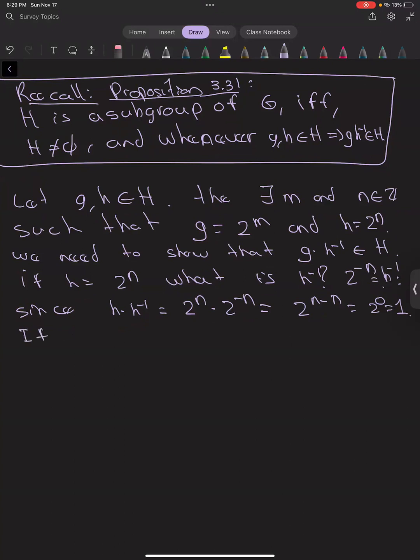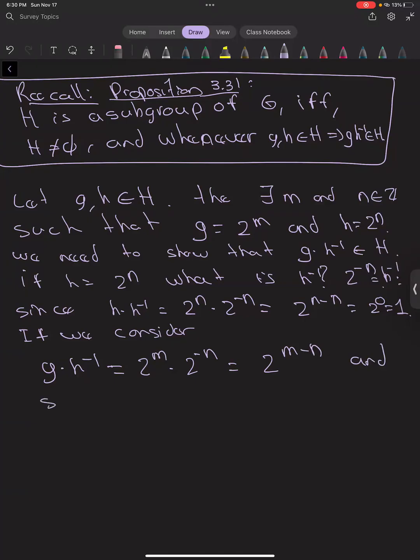If we consider g times h inverse, we have 2 to the m times 2 to the minus n, and this is 2 to the m minus n.